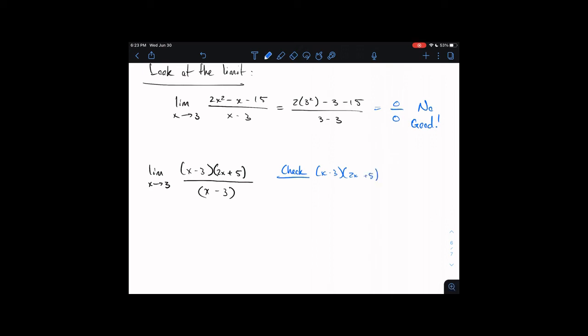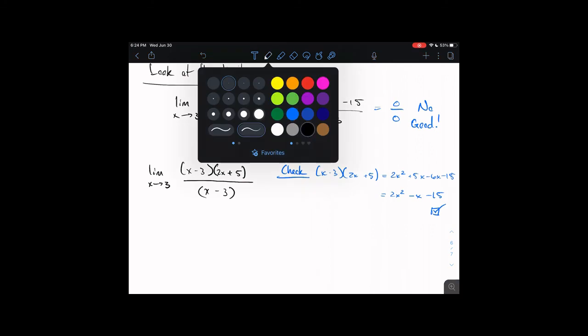Is this what we want it to be? I have 2x squared plus 5x minus 6x minus 15, 2x squared minus x minus 15. That's exactly what I wanted. Okay, cool. Well, that happened to work out.